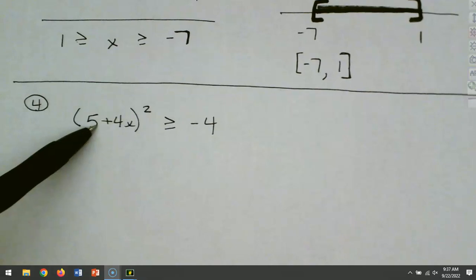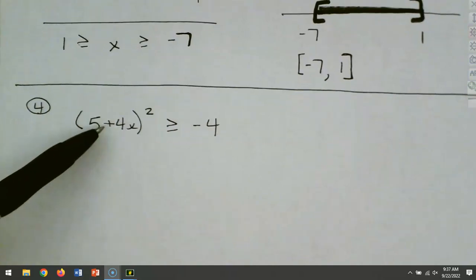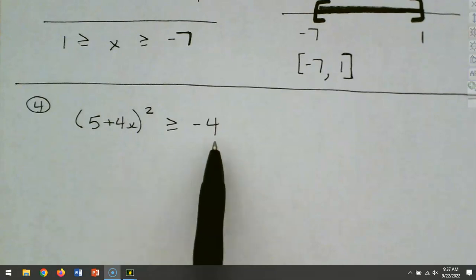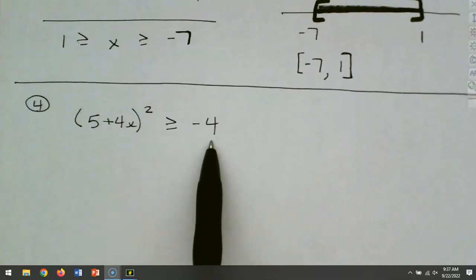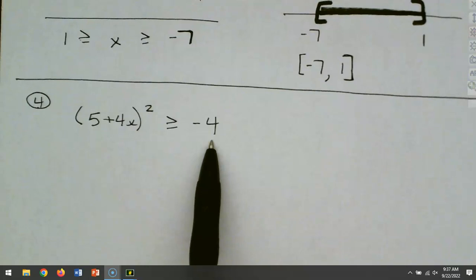This is a quantity squared, right? What happens if I square a negative number? It becomes positive. If I square a positive, it stays positive. All positive numbers are always greater than what? Negative 4. So it's true all the time.